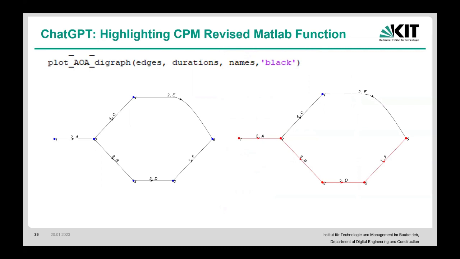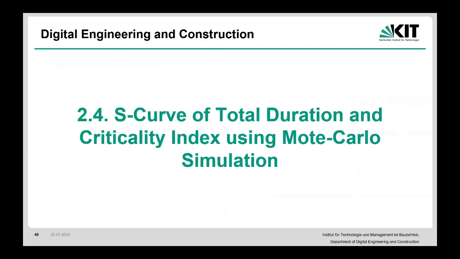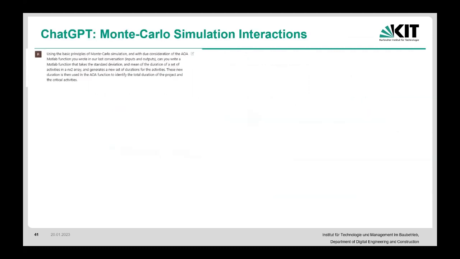Then I wanted to go a bit further, and this is where the iteration really starts mattering. How can I graph the S-curve, the total duration and the criticality index using Monte Carlo simulation? So I told it to use the basic principles of Monte Carlo simulation, and now it goes and finds what those basic principles are.